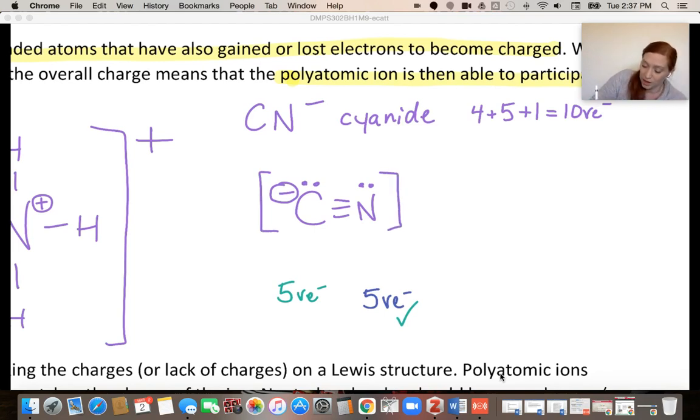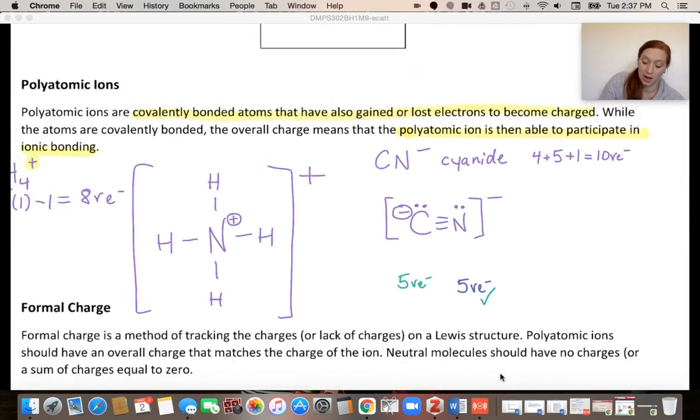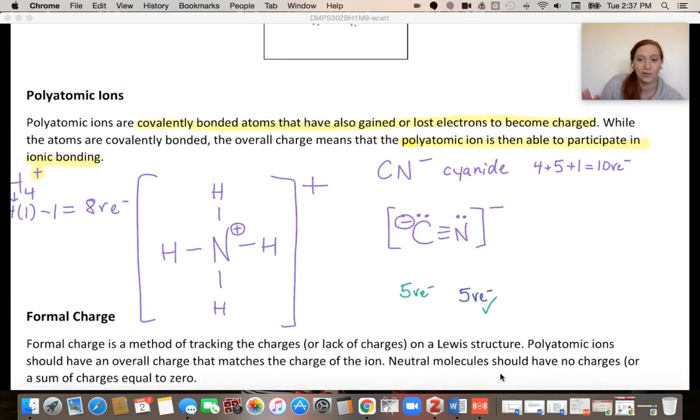I also want to show that a whole electron has been added by putting my whole Lewis structure in brackets and putting that negative charge on the outside. That's how we look at our polyatomic ions. Again, put your whole structure in brackets with your charge on the outside, and then see where your extra or missing electron is and represent that with a plus or a minus sign, respectively.